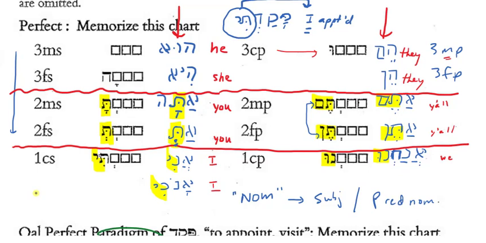Let me specify something here, and that is that when we think about the function of these independent pronouns, generally speaking, their function is nominative function. What is nominative function? Subject. If I were using a language with a case system that had a nominative case, the nominative function would be the subject function, but also the predicate nominative function.